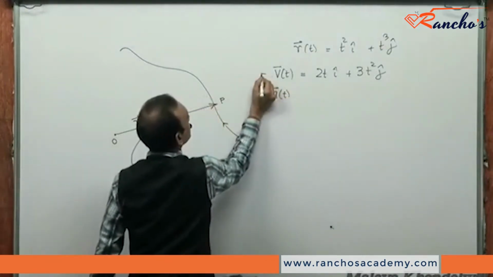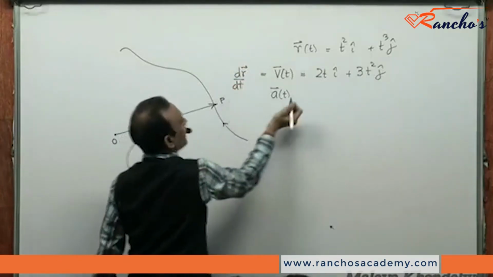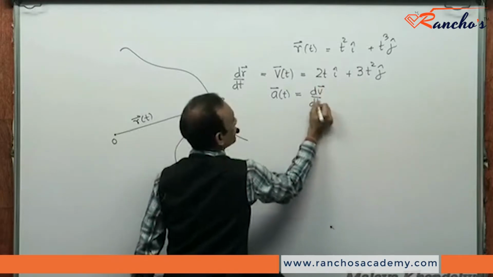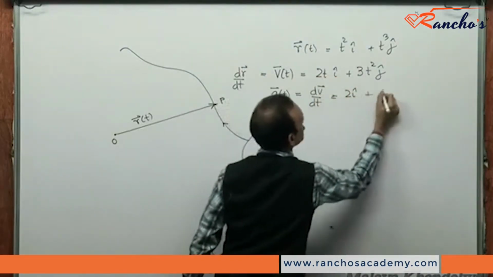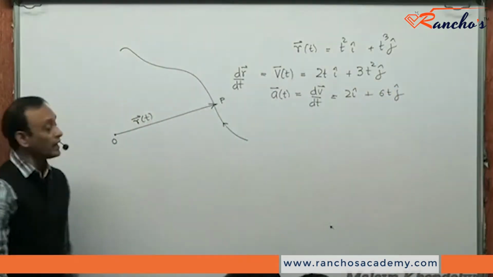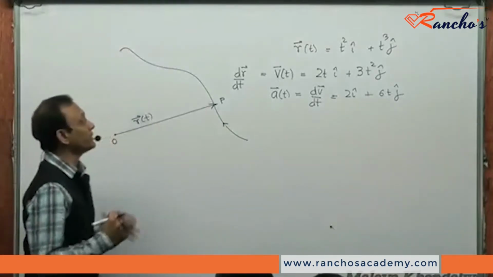This is dr/dt, rate of change of position with time. If I differentiate this with respect to time, I get 2 i cap plus 6t j cap. Yes or no?